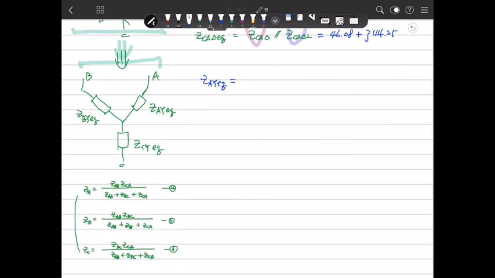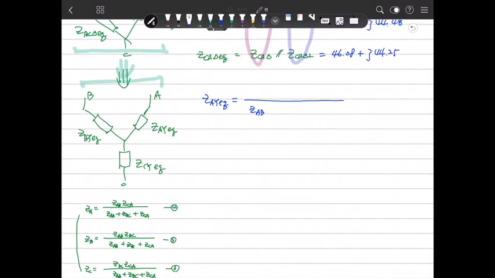Summarizing here: GAY EQ is the same as GAB delta EQ plus GBC delta EQ plus GCA delta EQ over GAB delta EQ and GCA delta EQ.